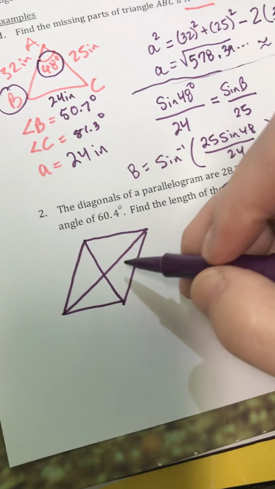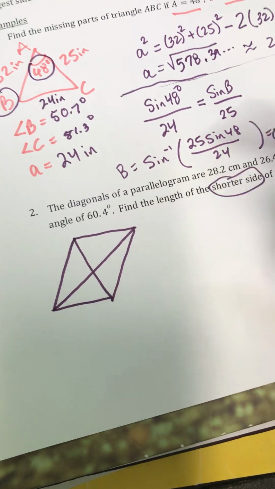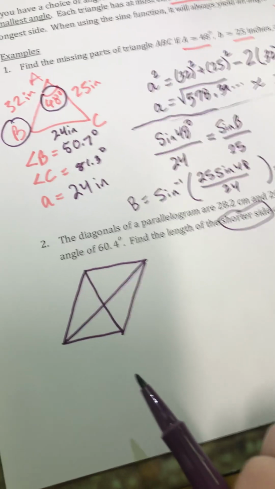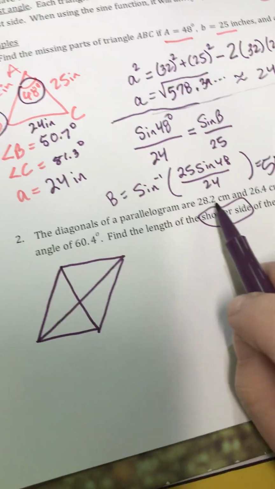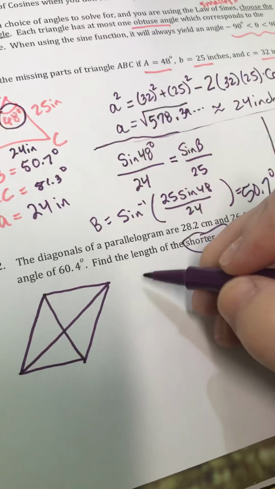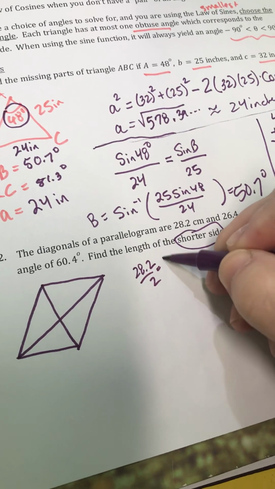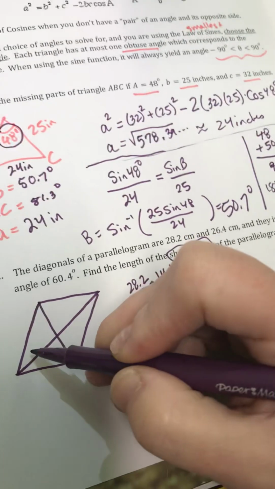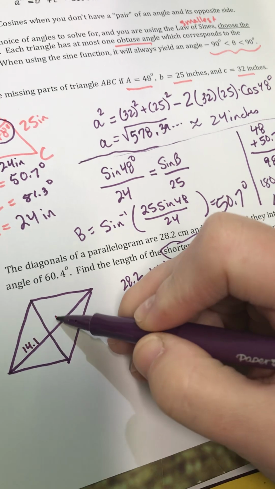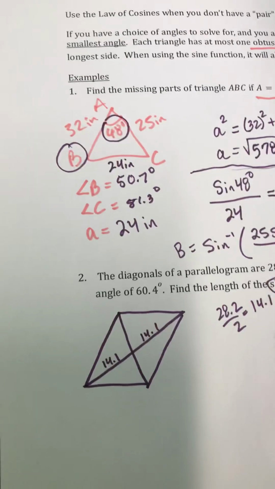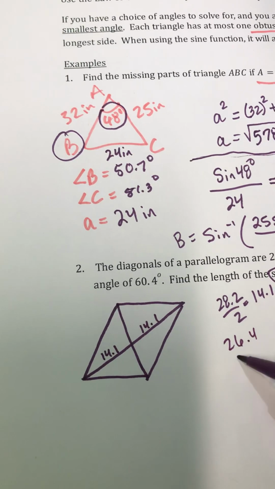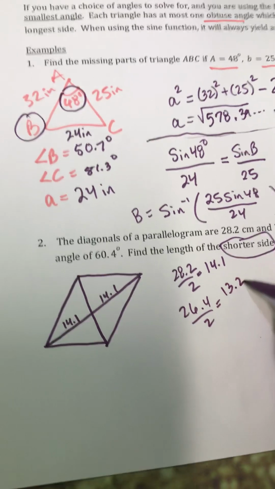So these four triangles that I've made have a side of half of 28.2, which is 14.1, so 14.1, 14.1. And half of 26.4 would be 13.2.